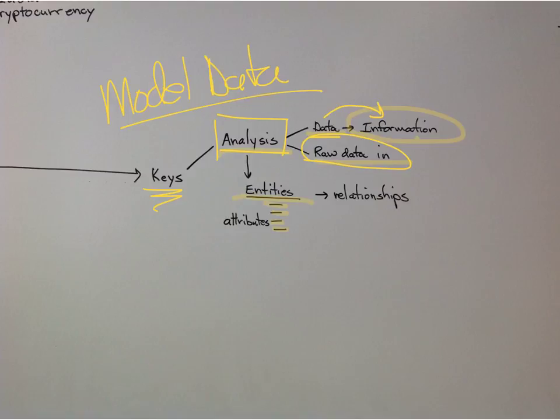Once you have the entities, you look at the relationships between the entities. Sometimes I'll draw it out like tables, and then we'll take a look at how a field in one table may become a foreign key in another table. Maybe this one also a foreign key in another table.